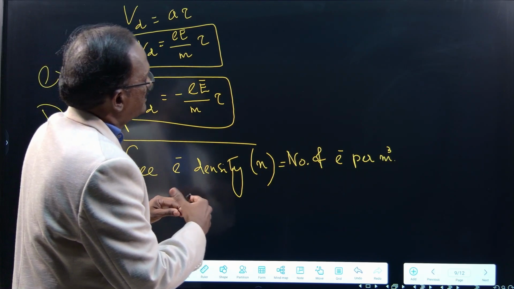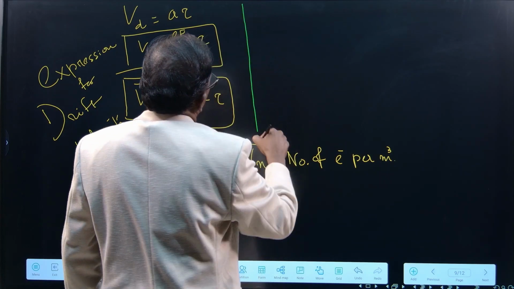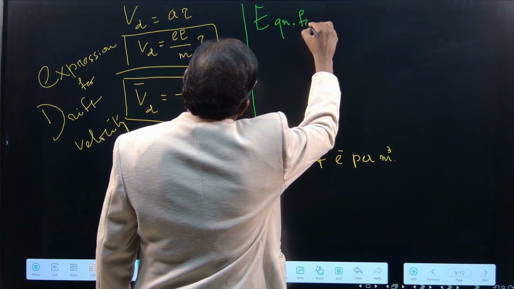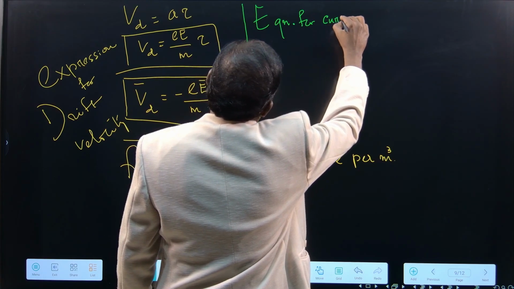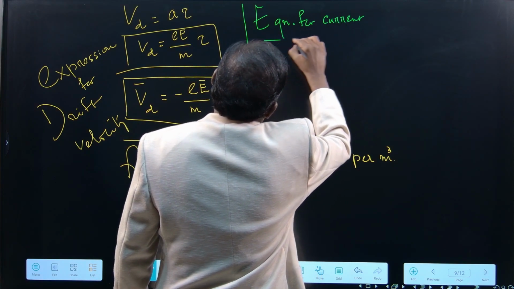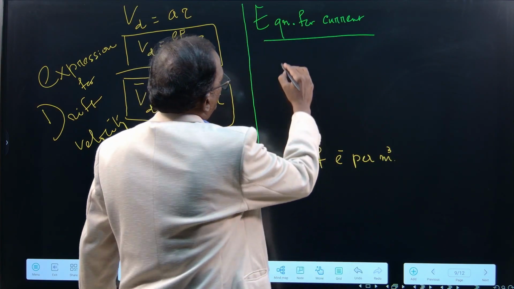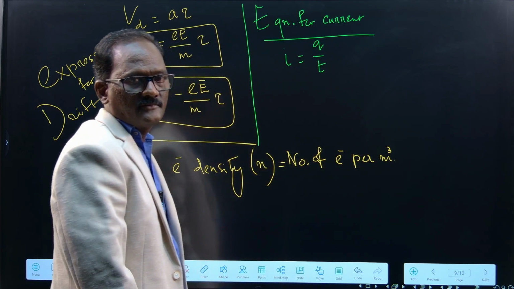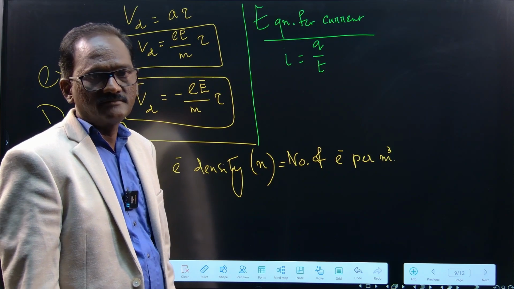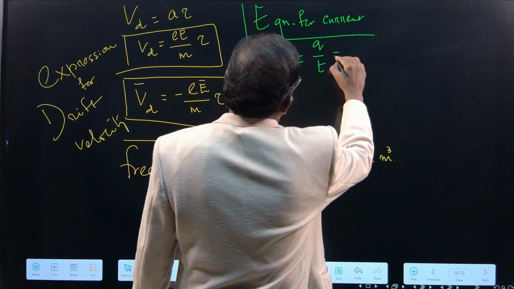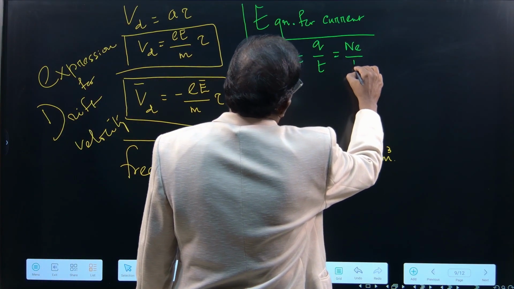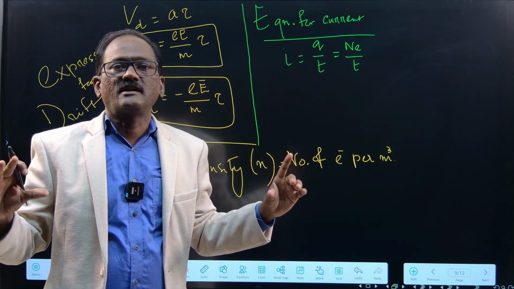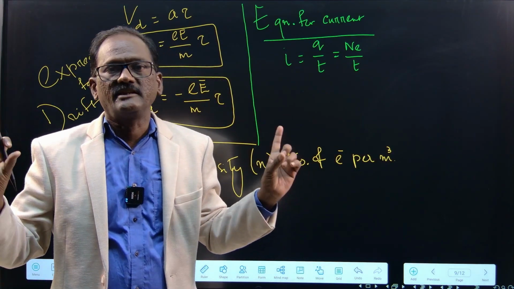So let us find the equation for current. I is equal to Q by T, rate of flow of charge. Q is equal to N into E. Here I am using capital letter N, the total number of electrons available within the entire material.